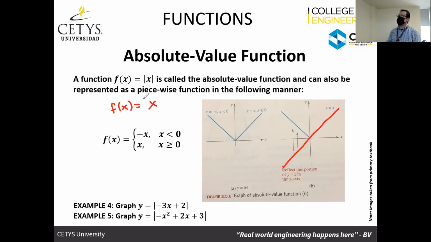Now, what happens when I add the absolute value? Anything that's below the x-axis is going to turn positive. It's going to flip. The positive part stays exactly the same, and the negative part is going to flip over to the positive side of the y-axis.